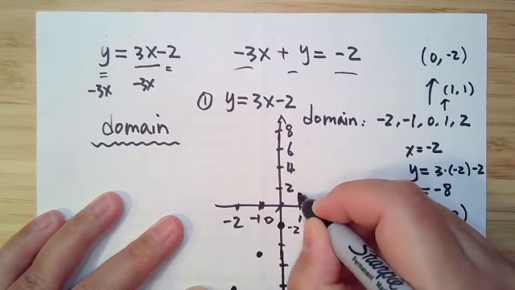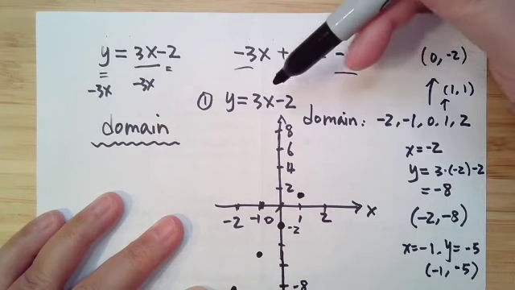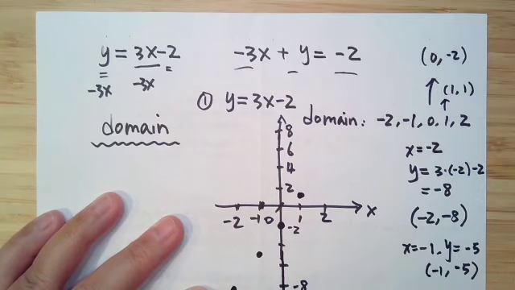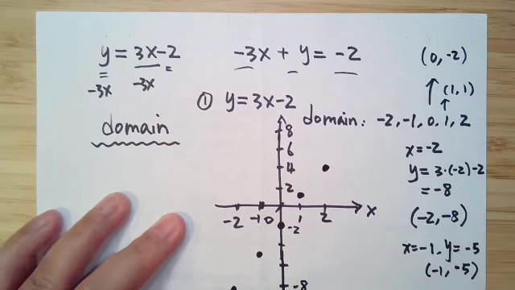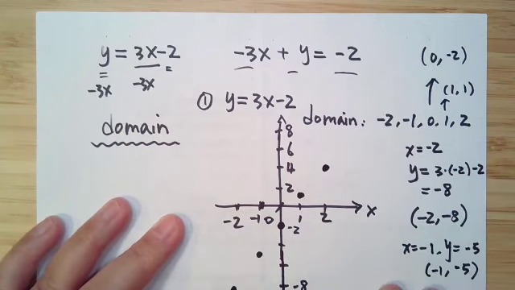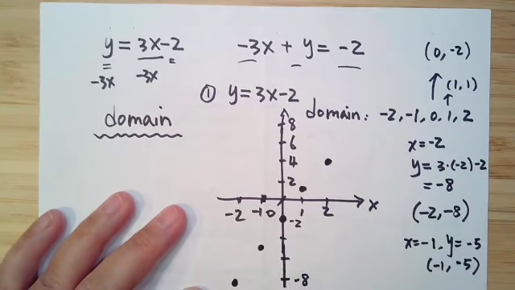That's this point. And the last one, when x equals 2, 3 times 2 is 6 minus 2, which is 4. So that's here. If I ask you to graph this linear function, but the domain is only 5 numbers, when you graph that, you're going to find 5 points.